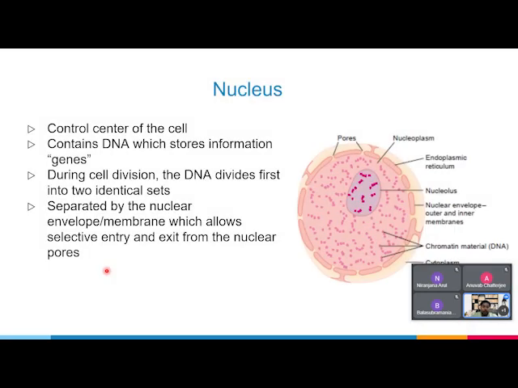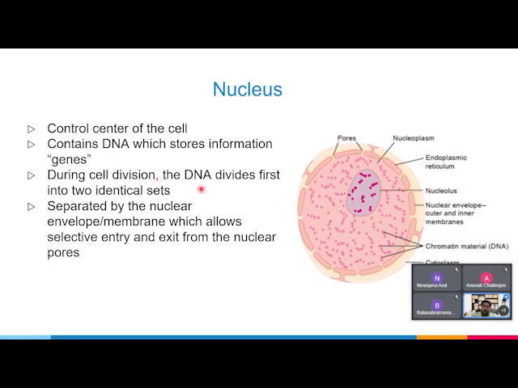Next, we move on to the nucleus. Most of the discussion here on cell organelles is being done on the eukaryotic cell, because that has the membrane-bound complex organelles that we discuss mostly. The nucleus is obviously known as the control center of the cell and contains DNA information in the form of genes, which are encapsulated in the chromosomes.